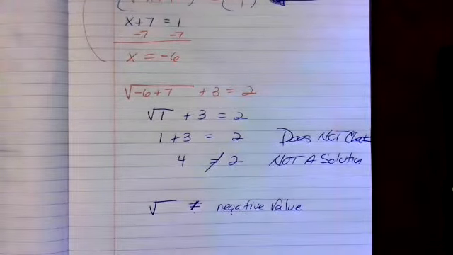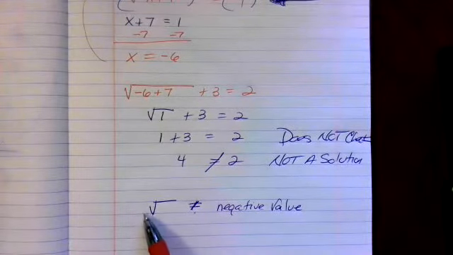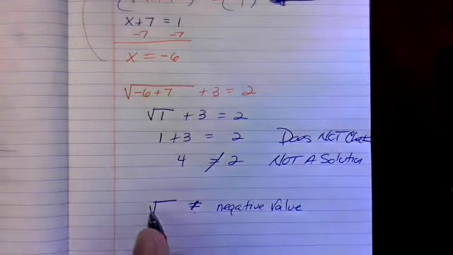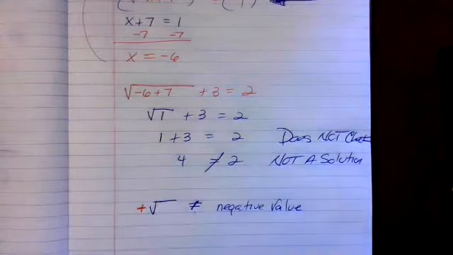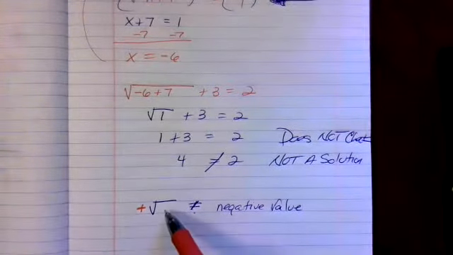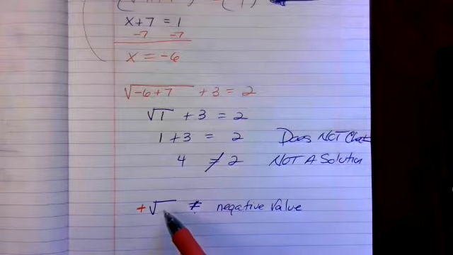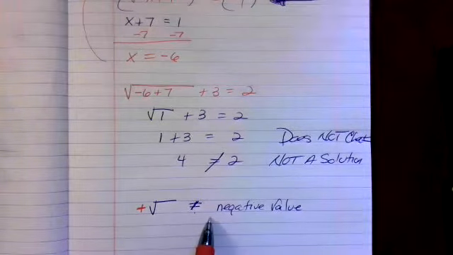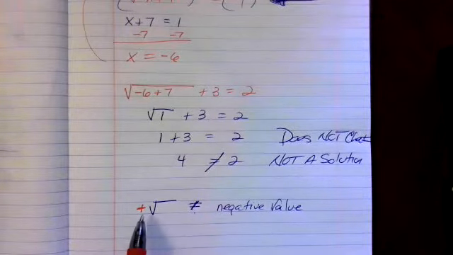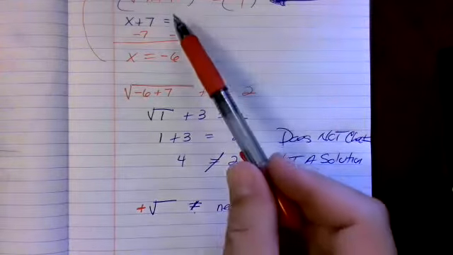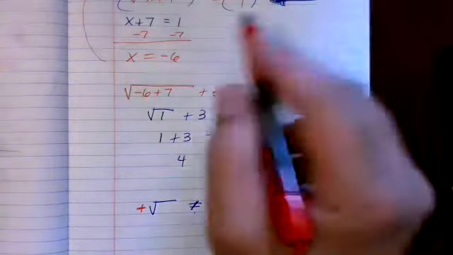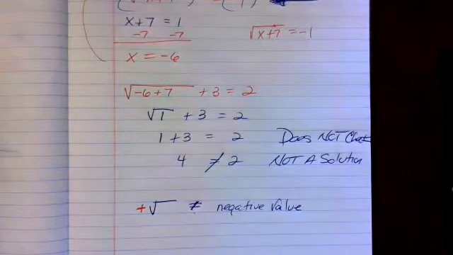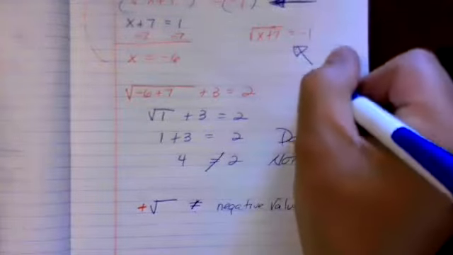Because a square root written like this, without a plus or minus in front of it, is assumed to be a plus, right? And I can't have a negative underneath the square root because it would be imaginary. So all radical answers have to be equal to a positive value. It's a positive radical. And in this case, when we had the square root of x plus 7 is equal to -1, that was a red flag that it's not going to work.